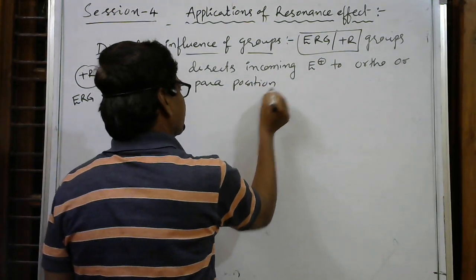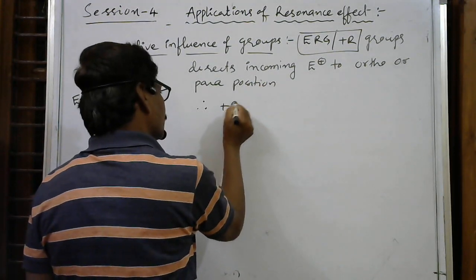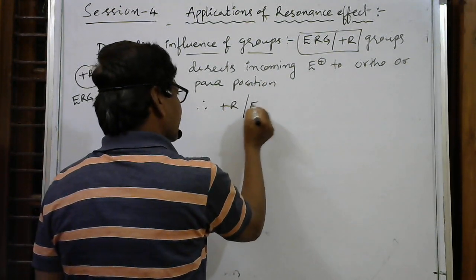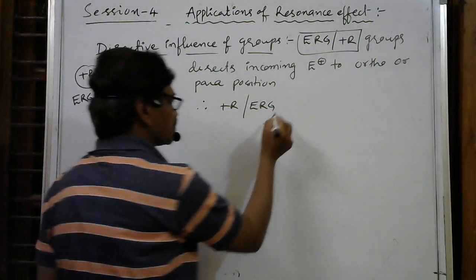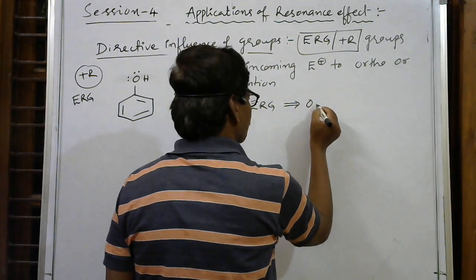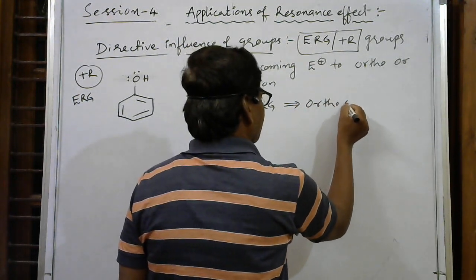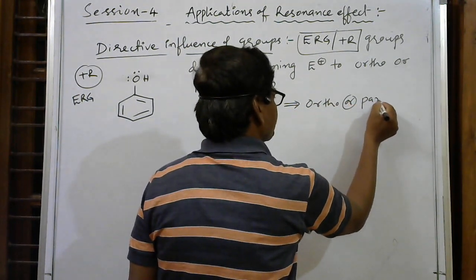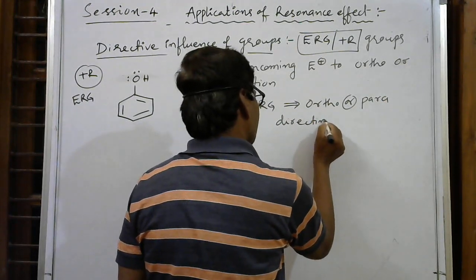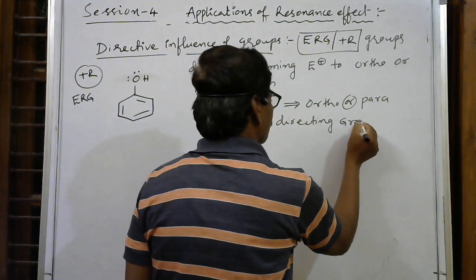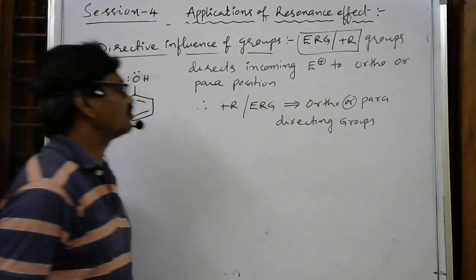Therefore, plus R groups or electron releasing groups are called as ortho and para directing groups. So this you have to remember.